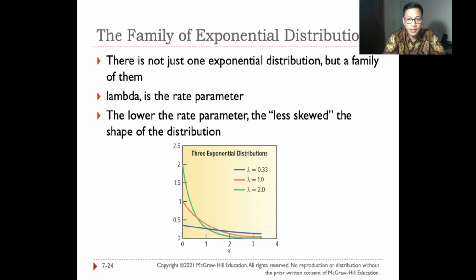Now compare the shapes of the different exponential distributions as lambda changes from a third to 1 to 2. The one with a rate parameter of a third is depicted with the blue line. The one with a rate parameter of 1 is depicted by the orange line. And the one with lambda equal to 2 is depicted by the green line.